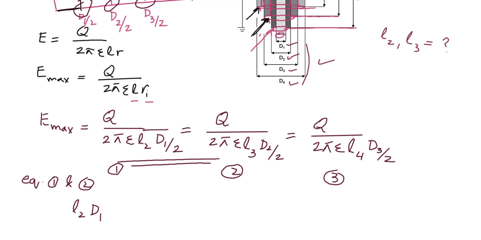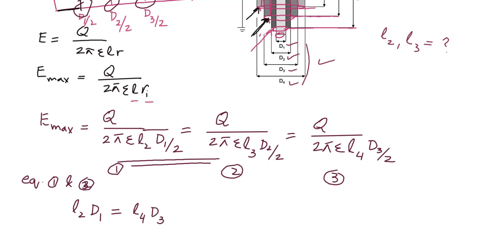So we have L2 and L3 unknown. So instead of equating 1 and 2, we need to equate 1 and 3. If we equate 1 and 3, then we can determine one unknown. So L2 d1 will be equal to L4 d3.